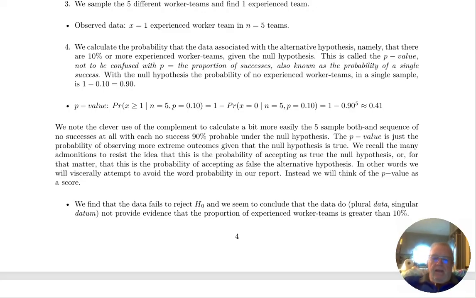And you can't even say that the probability of accepting as false the alternative hypothesis, you can't even say that. This is the probability that x is greater than or equal to 0, which is then translated into either accept or reject, given a prior view. If this is greater than 5%, then we've discovered nothing.